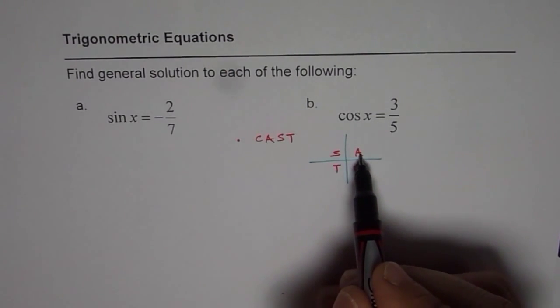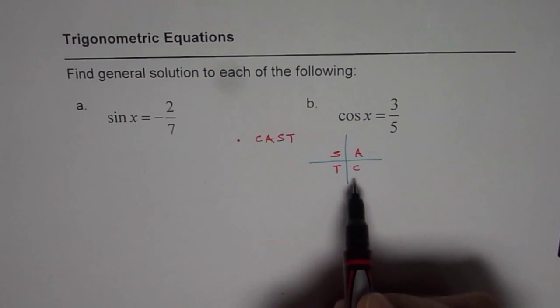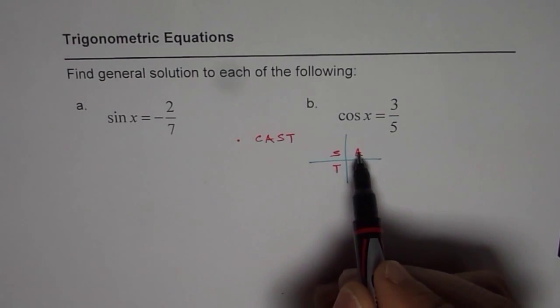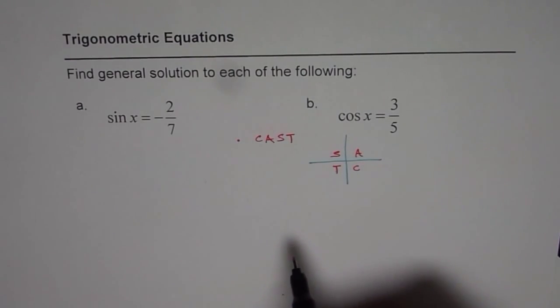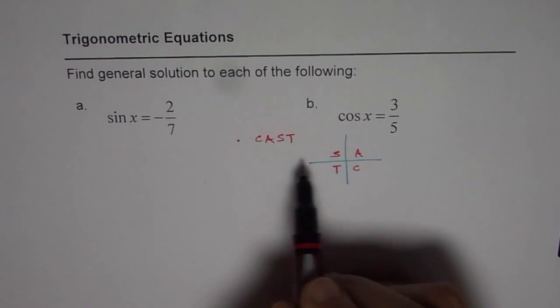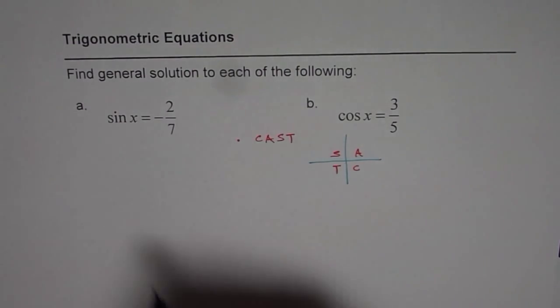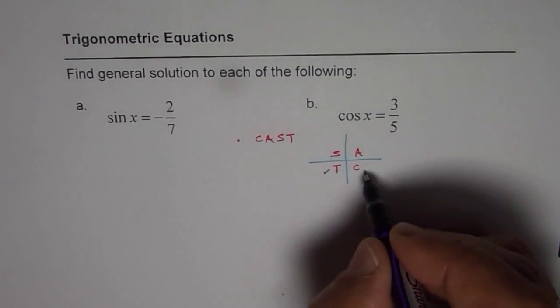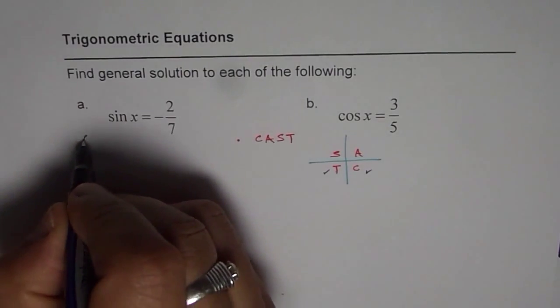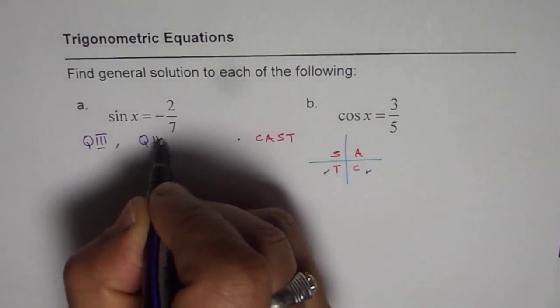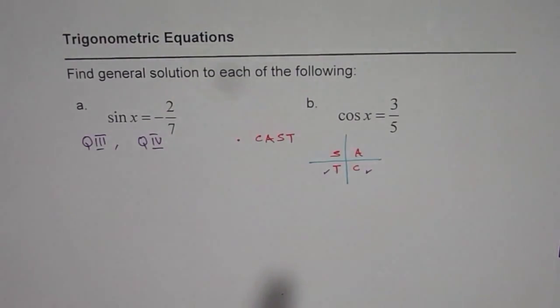That means all are positive, sine is positive, tan is positive, cosine is positive. Either way, you know now, sine is negative in which quadrants? Sine is negative in quadrant 3 and 4. So we are looking for solutions in quadrant 3 and quadrant 4. That is the analysis which we get from the CAST rule.